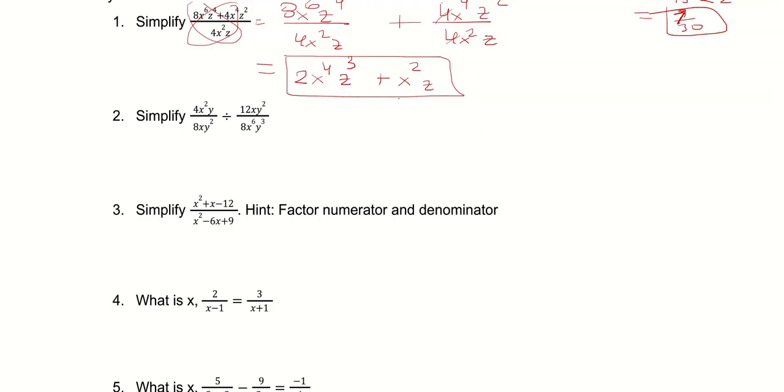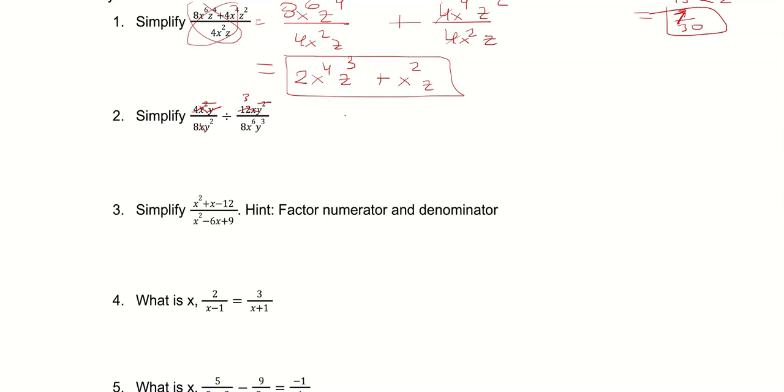For number 2, we're going to simplify this by first looking across. So you have 4 and 12 becomes 1 and 3. We have x squared and x. This is going to cancel with this. And then this x will cancel with that. The y squared, we have this y will go away.